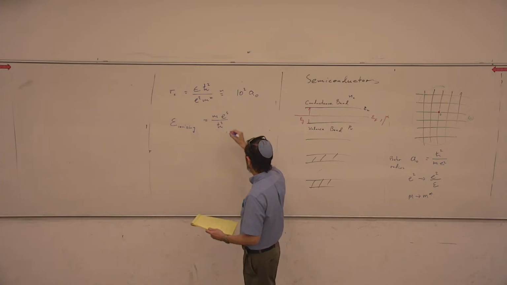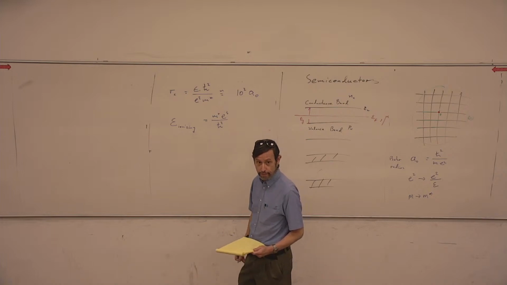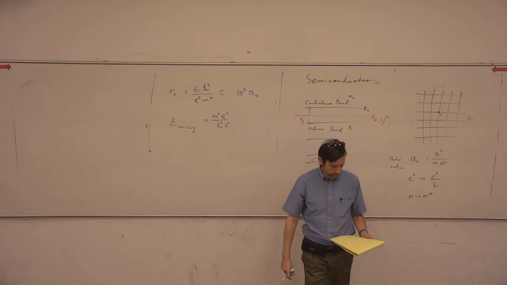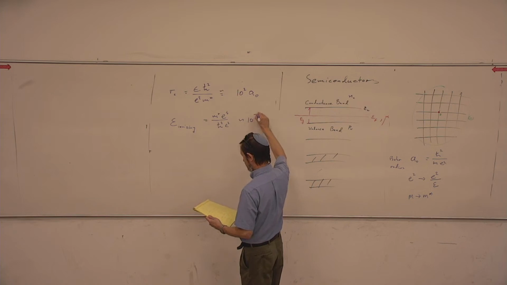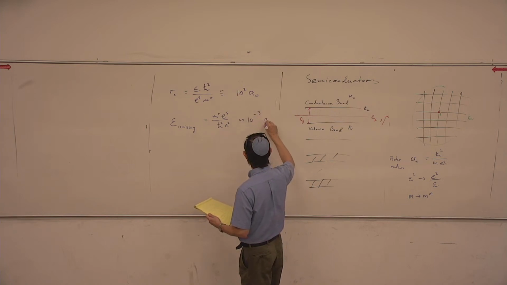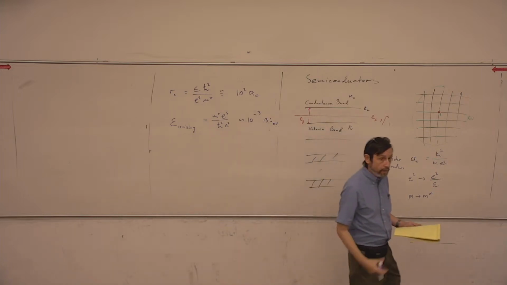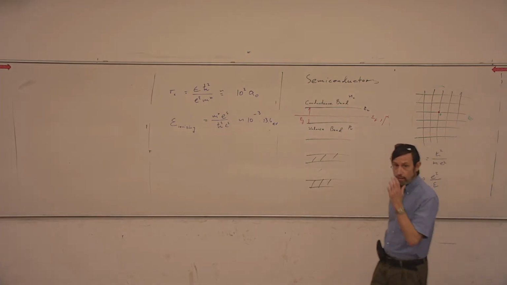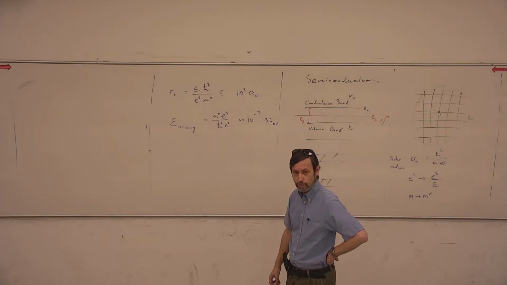But here, m becomes m star, the effective mass, and e squared becomes e squared over epsilon, the dielectric constant, and you would end up with about one-thousandth of the energy. So instead of 13 electron volts, around 0.01 electron volt.